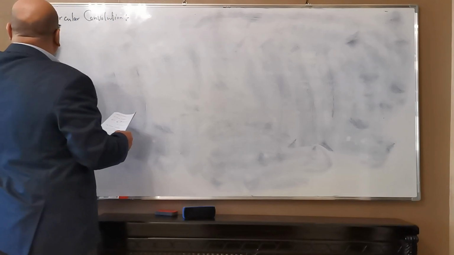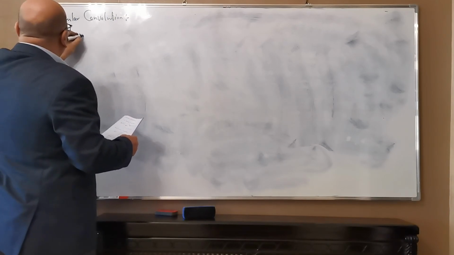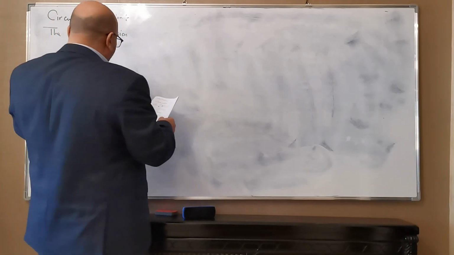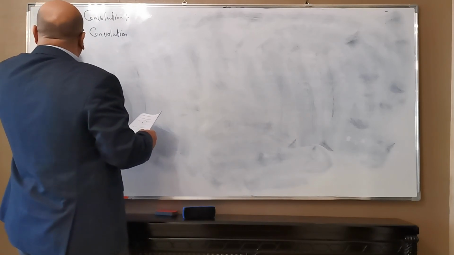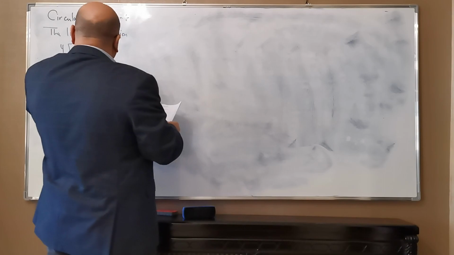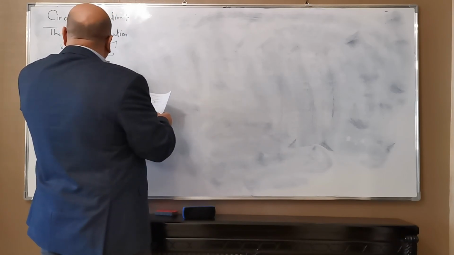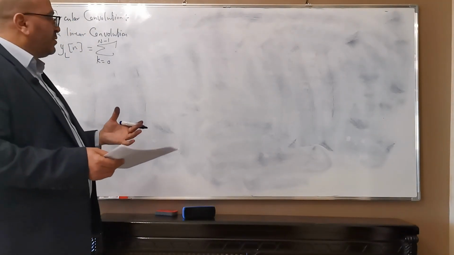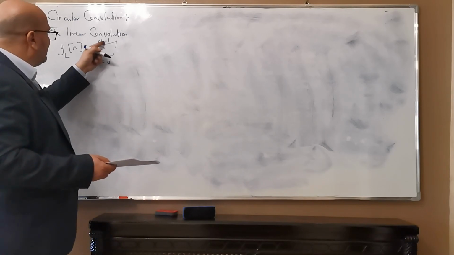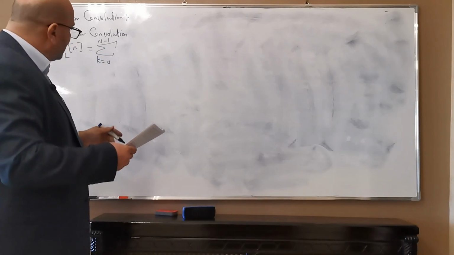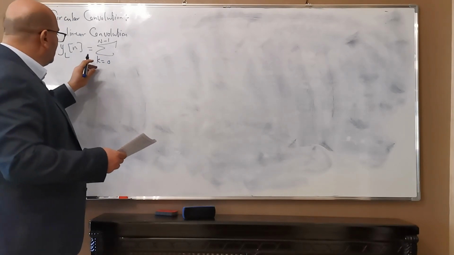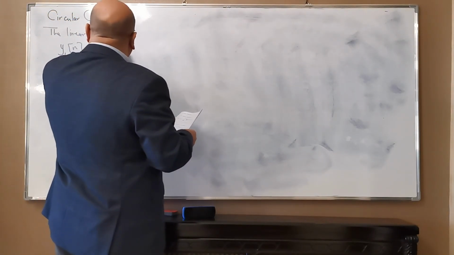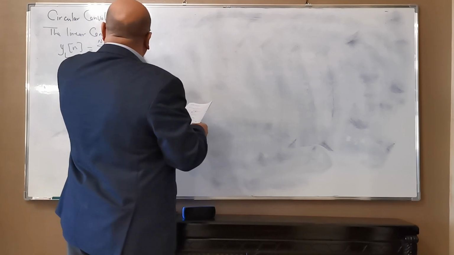So the linear convolution is defined as before, and it's equal to the summation from k equals 0 up to n minus 1, because we would like to unify our definition based on finite length sequences, n-length sequences, always starting from 0 up to n minus 1. So this is x of k, h of n minus k.